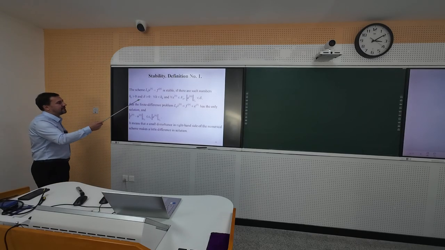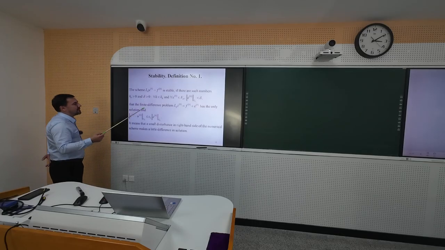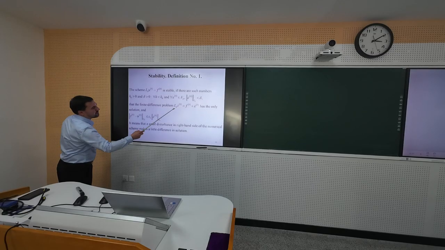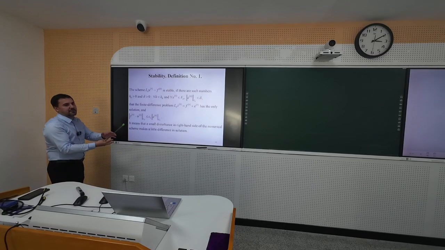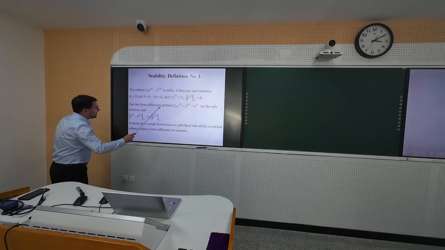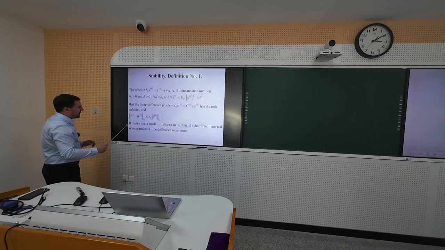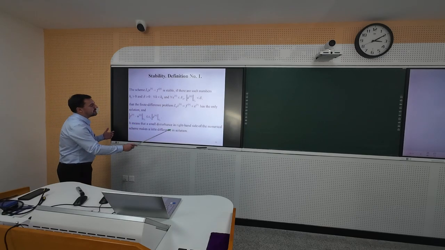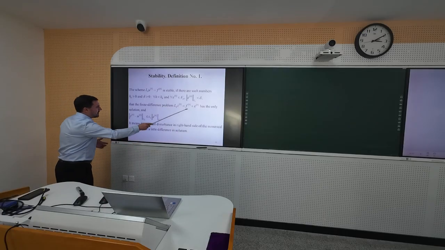The scheme is stable if, what does that mean? If we provide some disturbance to our numerical scheme, and the disturbance is limited, so it's not huge but a small disturbance, then a small disturbance of the right hand side of the numerical scheme makes a little difference in the solution.